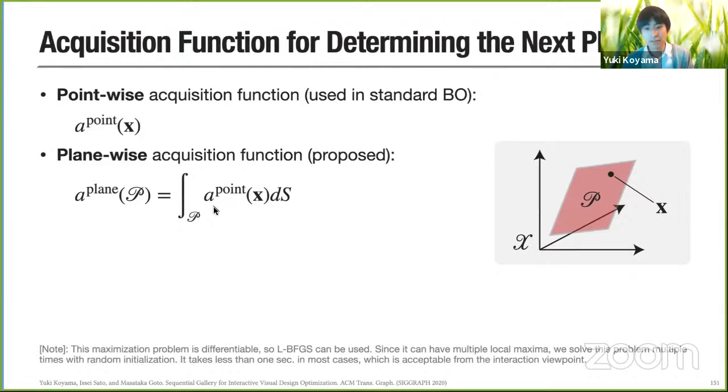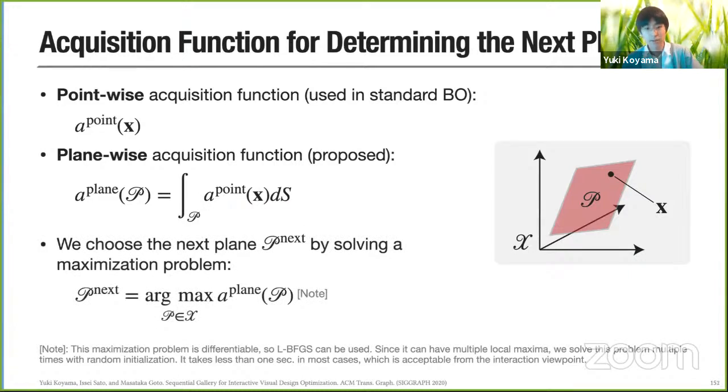In practice, this integral is approximately calculated by sampling. Using this definition, now we can choose the next plane by solving this maximization problem, which is easily solved by standard optimization techniques like LBFGS and so on.